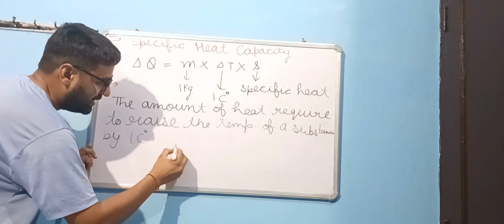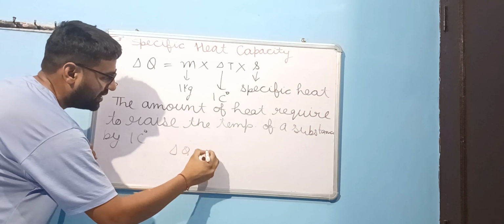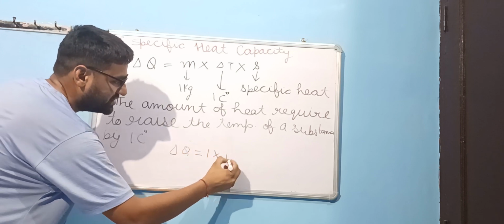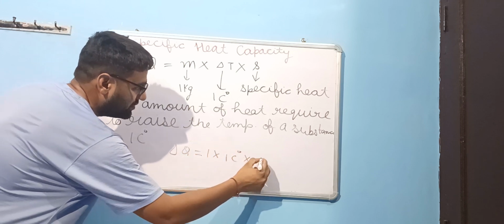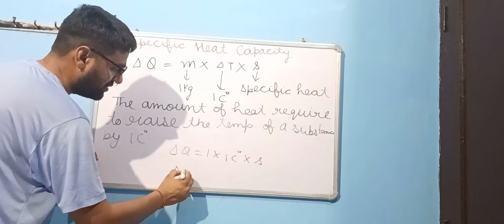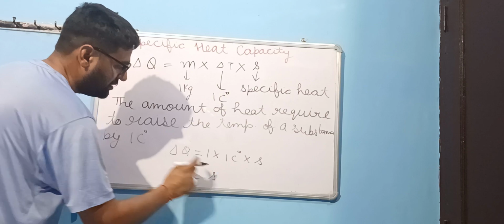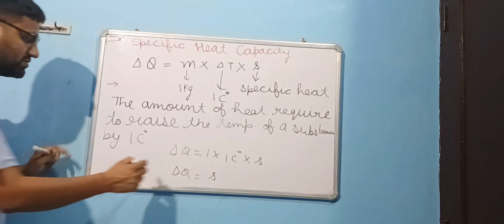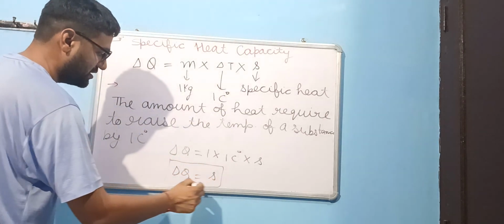So delta Q, when we take mass 1 kilogram and the temperature raised is 1 degree Celsius, equals 1 into S. So this nature of the substance, or specific heat, is equal to delta Q. So this will be our specific heat.